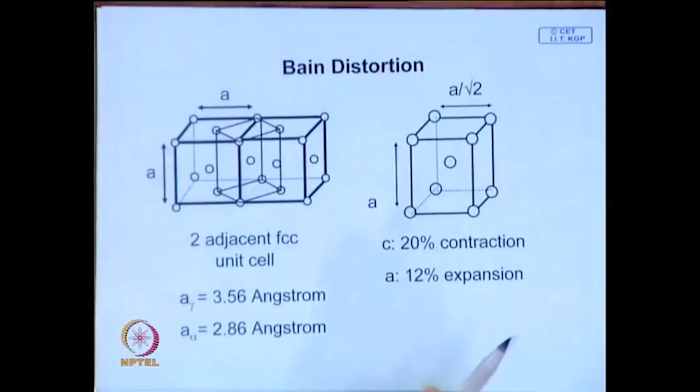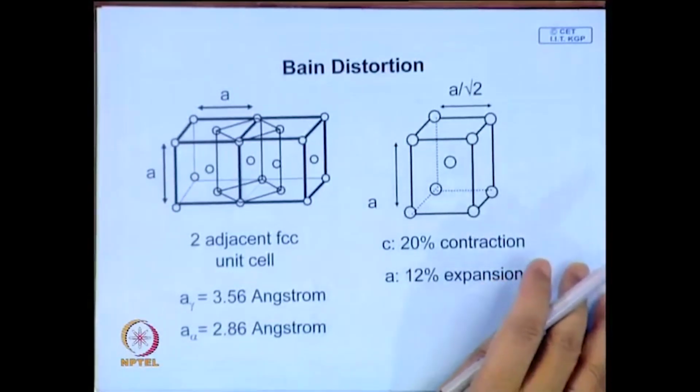Now, last class we talked about how the deformation takes place when martensitic transformation occurs during quenching. At the temperature from which you quench, the structure of steel is austenite, which is face centered cubic, and you have some carbon atoms, even if you have 1 atomic percent, mind you.